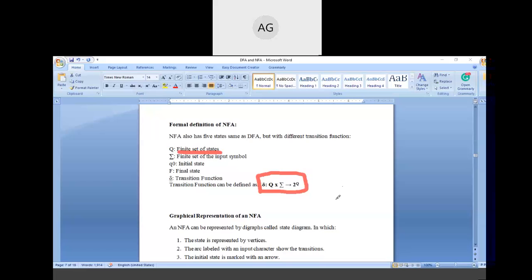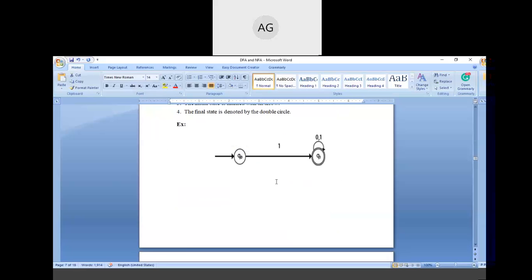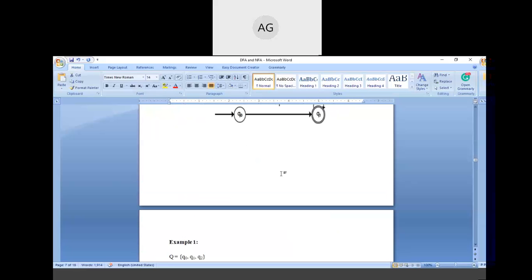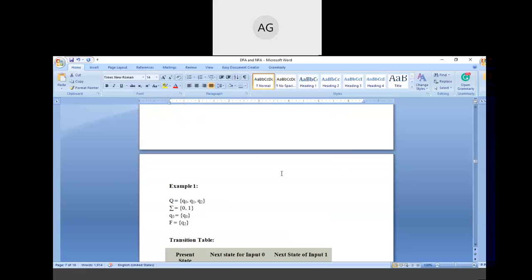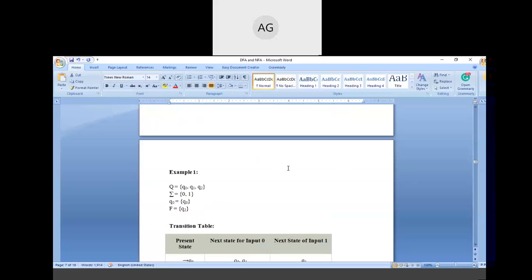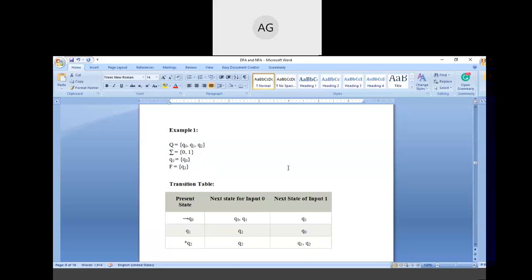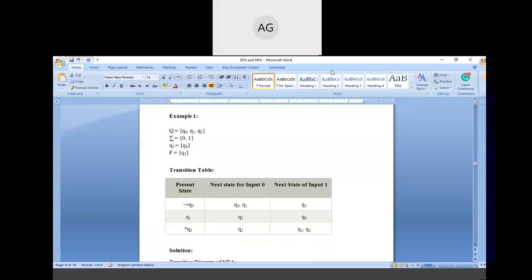Moving forward, we already discussed the graphical representation of NFA in our last class. In today's class, we are going to discuss some questions related to NFA. As you can see on your screen, this is question one. NFA and DFA both contain five tuples.